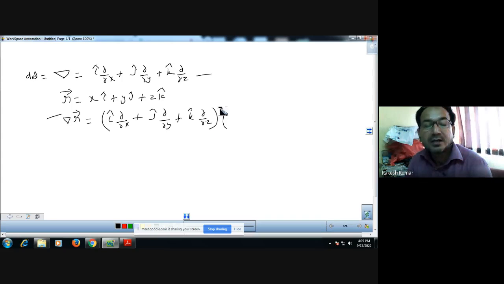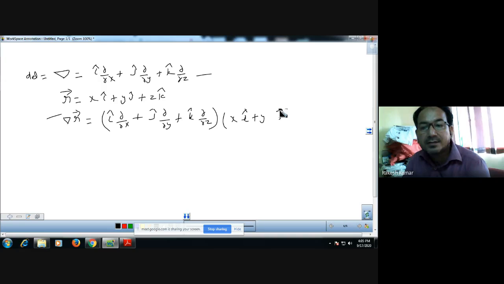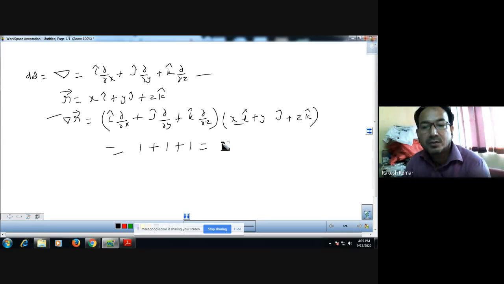You have read the basics of vector calculus in the class of 10 plus 2 or probably in second semester also. So this is xi, yj and zk. You can easily find out because i cap into i cap will be 1. So del by del x of x comes out to be 1, and del by del y of y comes out to be 1, and del by del z comes out to be 1.